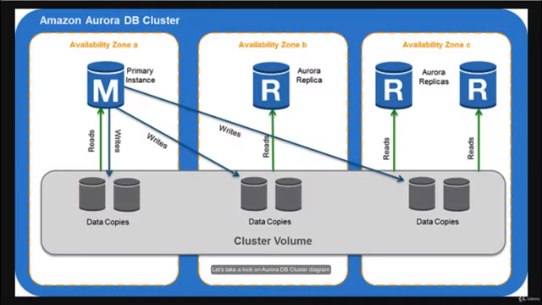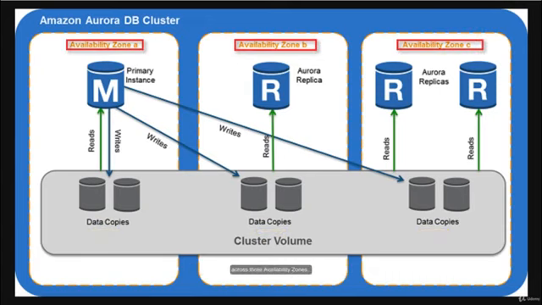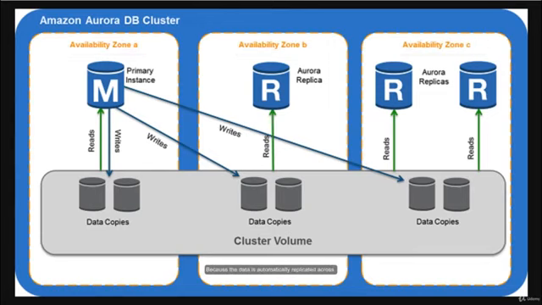Let's take a look at the Aurora DB cluster diagram. From this diagram, you can see Aurora automatically replicates your storage 6 ways across 3 availability zones. Because the data is automatically replicated across availability zones, your data is highly durable with less possibility of data loss.